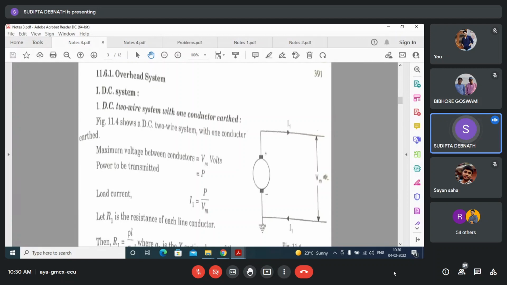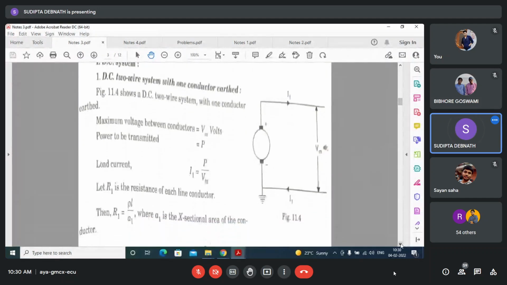Here the maximum voltage is considered: Vm, power to be transmitted constant P, length L, and the power loss is considered to be the same. Now if Vm is the voltage and P is the power, the power will be Vm into I. Here it is called I1 because this is the first system we have considered. So I1 will be P by Vm.